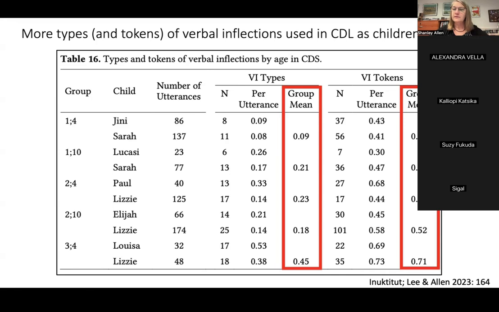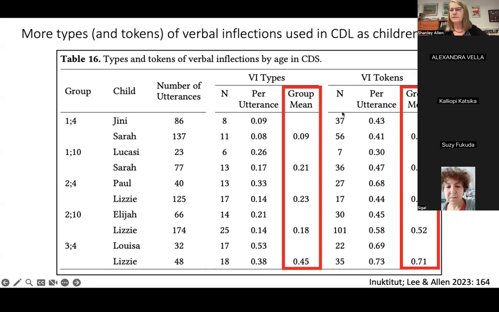Shelly, may I ask another question? Yeah. The tokens you counted, are they of different inflections or the same repeated? Could be the same repeated too. So the types are all different inflections. So if they had the imperative second singular and then imperative, I don't know, first person plural, those would be two different types.